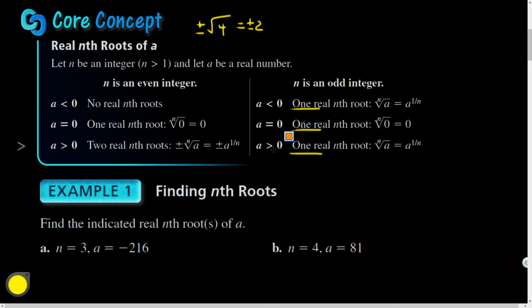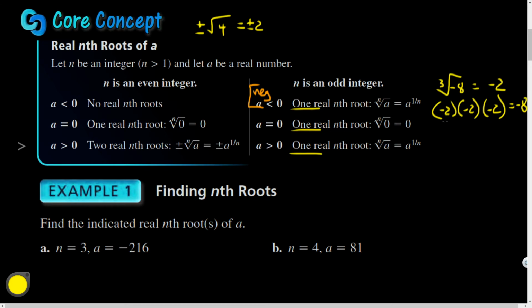Now what's interesting is that for negatives, there can be a root if it's odd. For instance, the cube root of -8 is -2, because -2 times -2 times -2 is equal to -8.